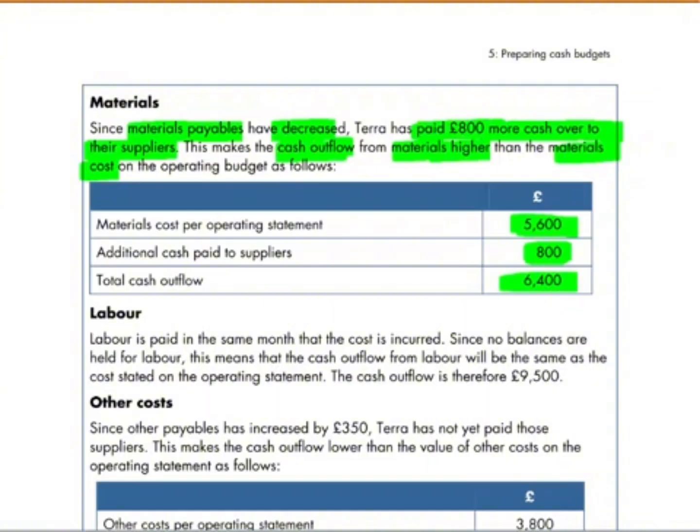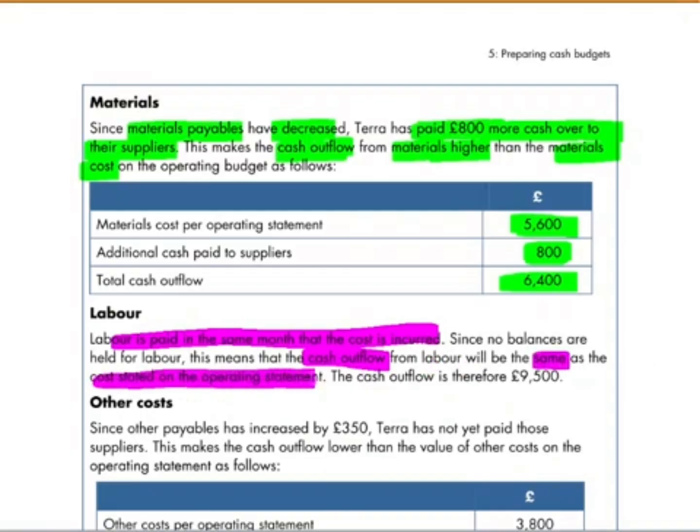So now let's go on to labour. On the operating budget, we're told the labour expenditure is budgeted to be £9,500. And in the bullet points, the third bullet point says that labour costs are paid in the period in which they are incurred. So because labour is paid in the same month that the cost is incurred, and no balances are held for labour, it makes the cash outflow from labour the same as the cost stated on the operating budget.